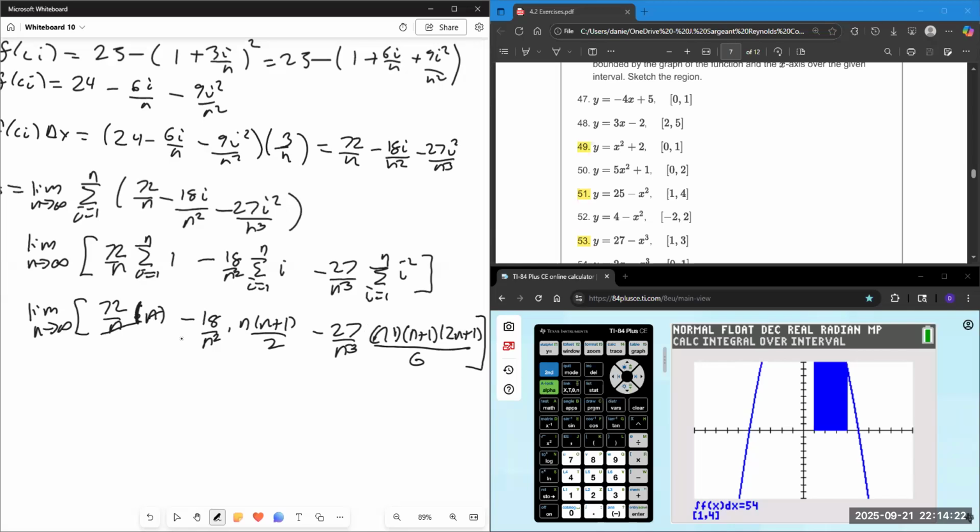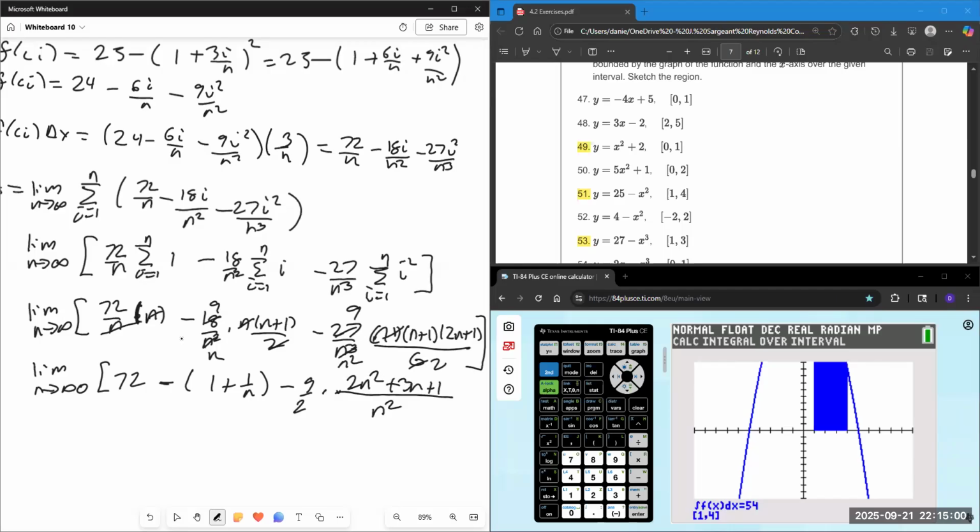So this is the limit as n goes to infinity of 72. This is 9. This is n minus 1 plus 1 over n. This is 9. This is 2. This is n squared. This is minus 9 over 2n squared times, let's put the n squared down here, 2n squared plus 3n plus 1.